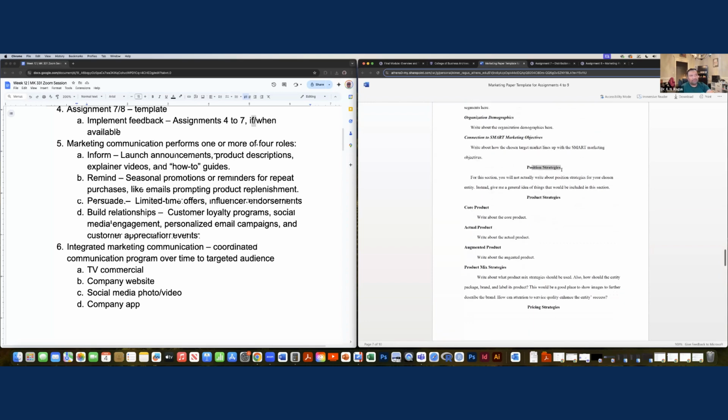The positioning strategies would be: what do the consumers think about your brand? What's their perception of your brand? That's your positioning. In many ways, it doesn't matter what you think your brand is. It's more what your customers think about your brand.